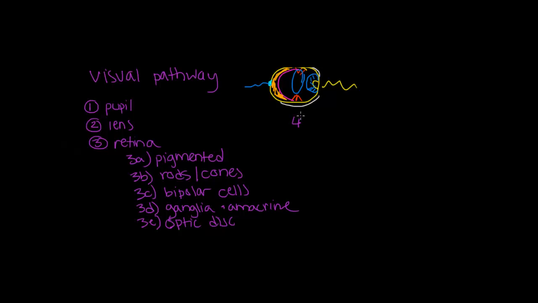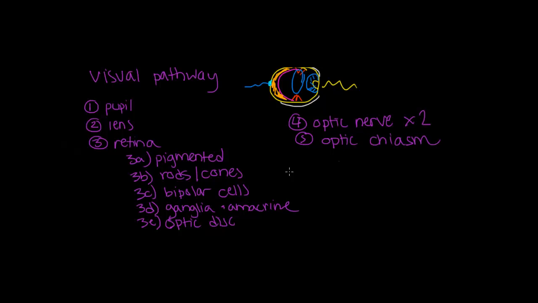Now, this neural impulse leaves the eye, travels down the axon of the optic nerves, because remember, we have one nerve for each eye. This impulse reaches the optic chiasm, that's that crossover.